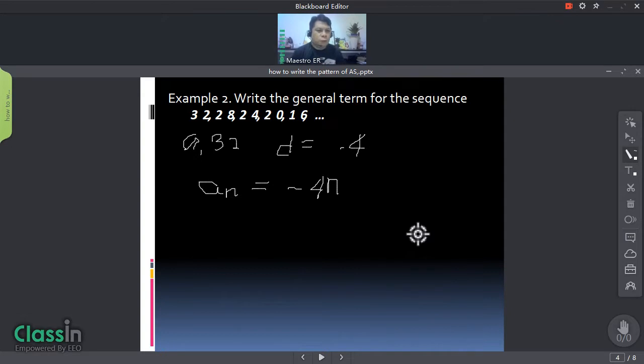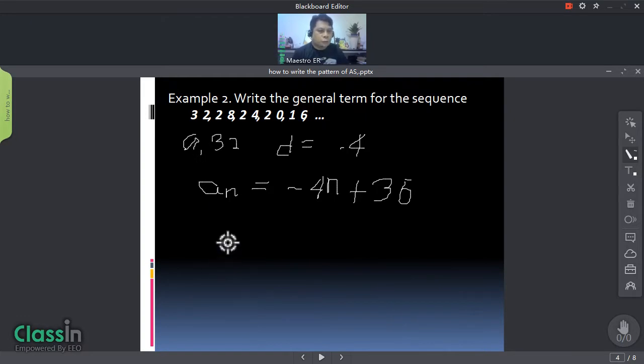Okay, so if we substitute n to 1, it is negative 4. So we have to add what? So you have to add 36 so that it will satisfy the first term a sub 1.